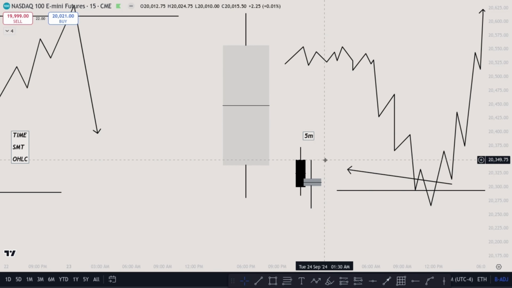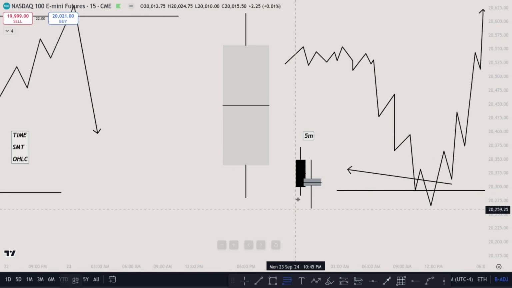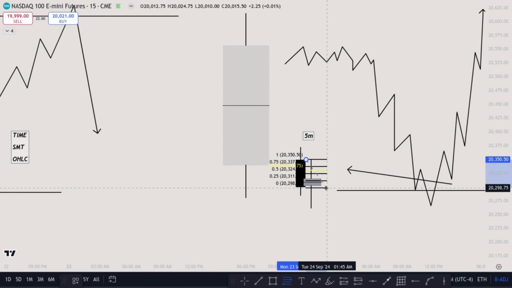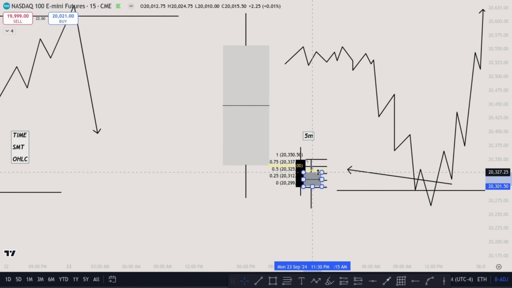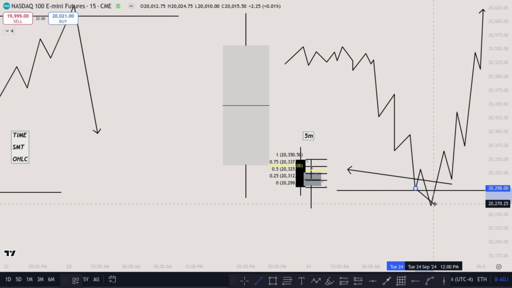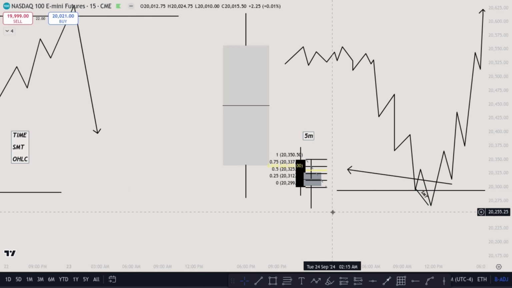As long as this candle closes above 50% of this candle right here, like you see in this case, it can close, let me edit the candle, it can close like this. A lot of people think that that's bearish. No, if we have an SMT, the buying pressure is going to be strong. That's where the institutional money comes in. And you always want to make sure to wait.